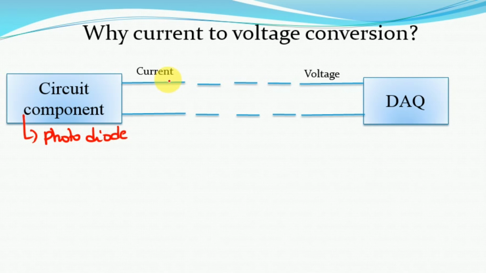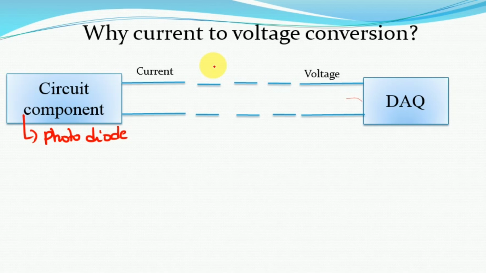If you want to store the data of this current for 24 hours, we need some storage system. Let us say that we need a data acquisition system as a storage system, but this data acquisition system will accept only the input signal in terms of voltage.